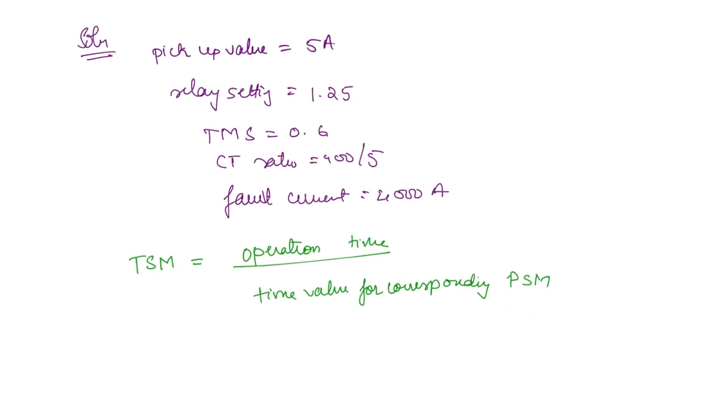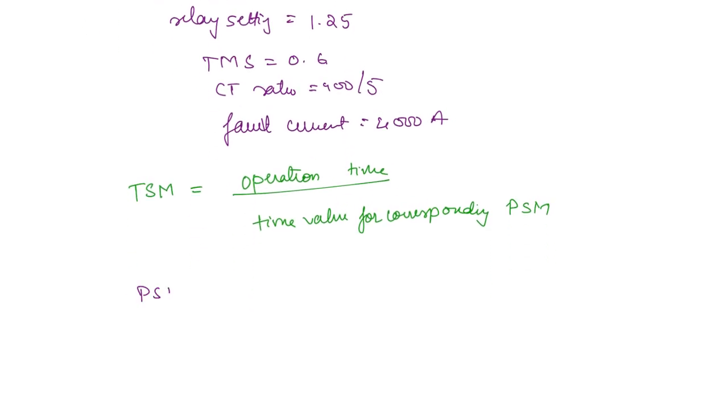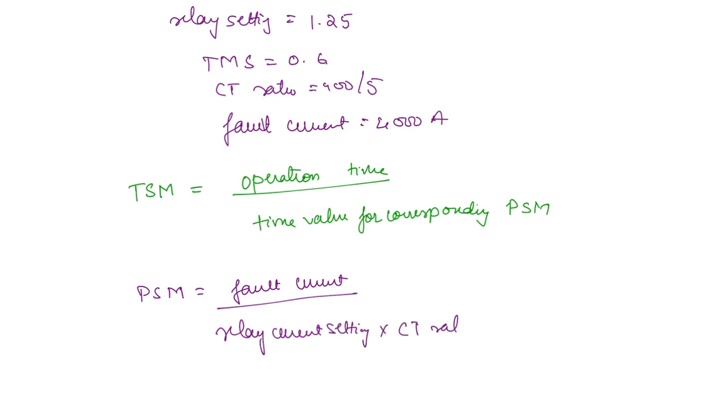The plug setting multiplier is given by the fault current divided by relay current setting into the CT ratio. The fault current is 4000.